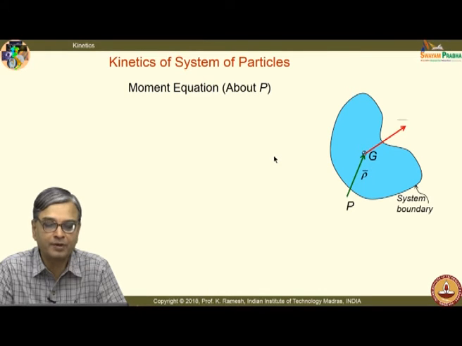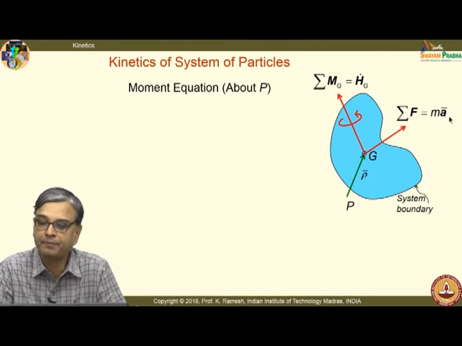So, we will look at the moment equation about P. I have put the net force acting on the system of particles as F equal to m a, and any quantity I am writing with respect to the mass point, I always put a bar. The same convention is used.